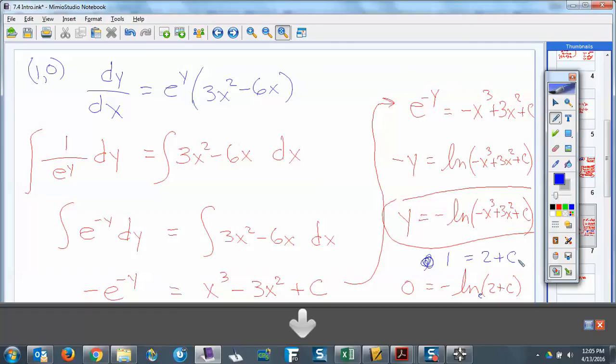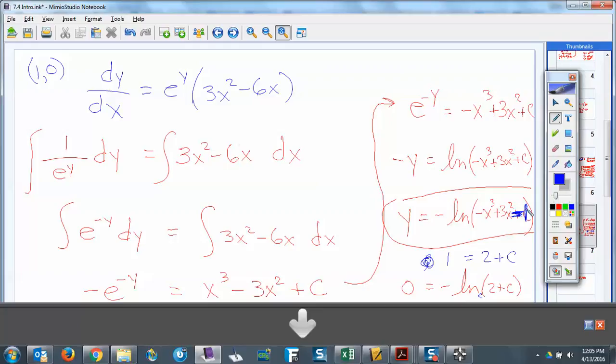I've divided the negative out of there, and that's still 0. E to the 0, which is 1, is equal to 2 plus c. And so c is -1. So right here, you just put a -1 in place of the plus c, and you've got your final answer.